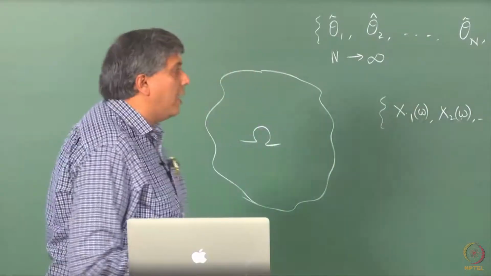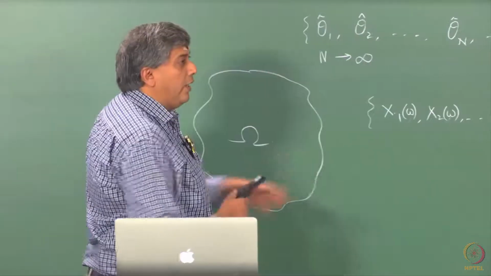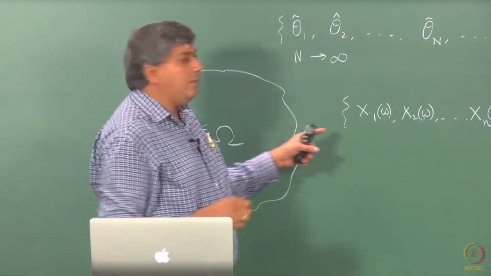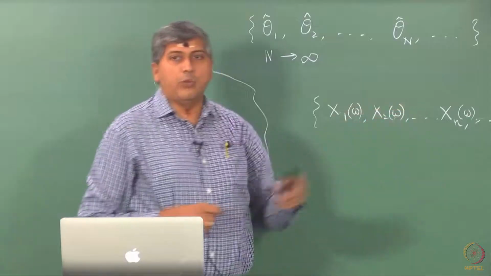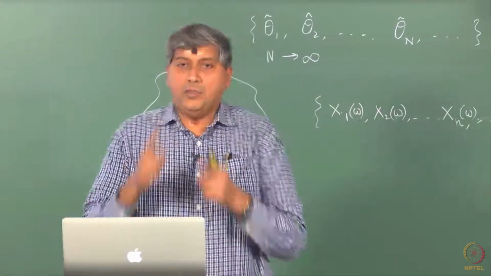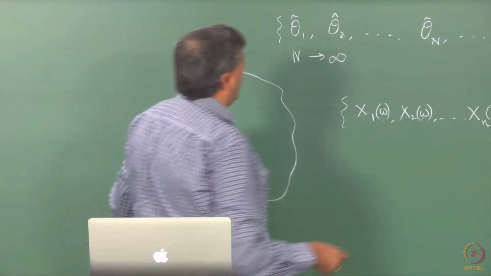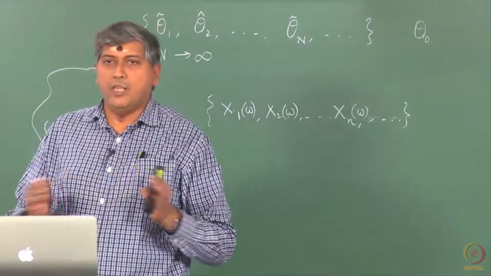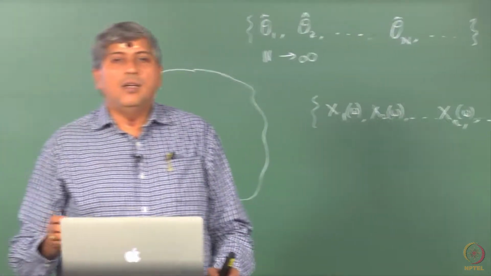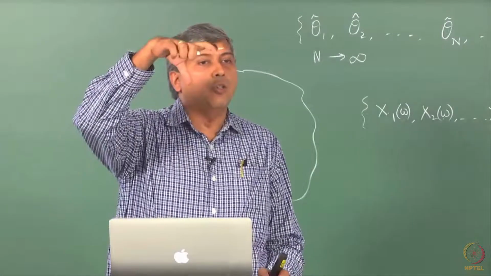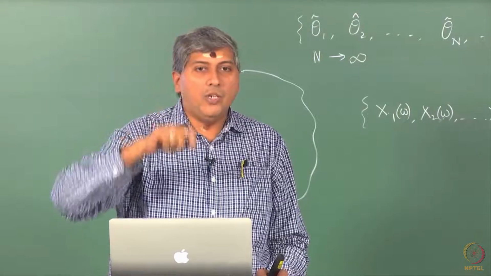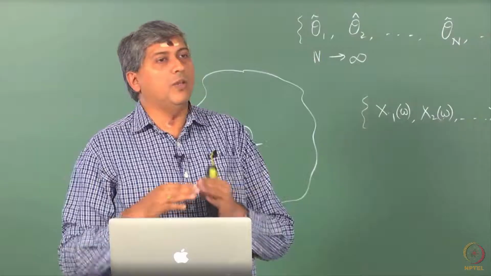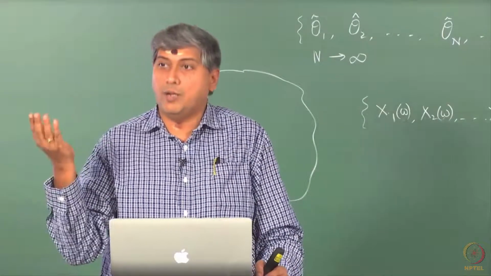Point-wise convergence demands that for every possible realization, whatever sequence you have, all of them should converge. Remember, for a fixed value of omega, the sequence is only a bunch of numbers. The only difference is that there is a controlling factor omega which determines what sequence of numbers you are working with. So every sequence of numbers is going to converge to some number, hopefully.